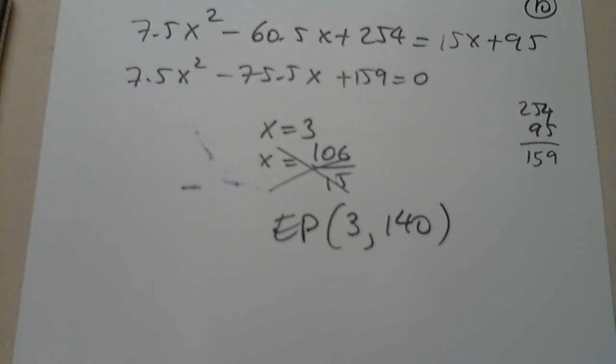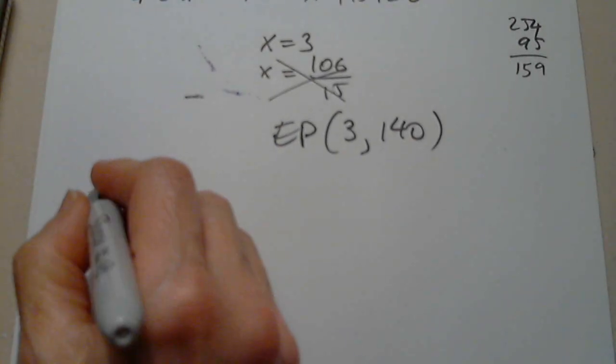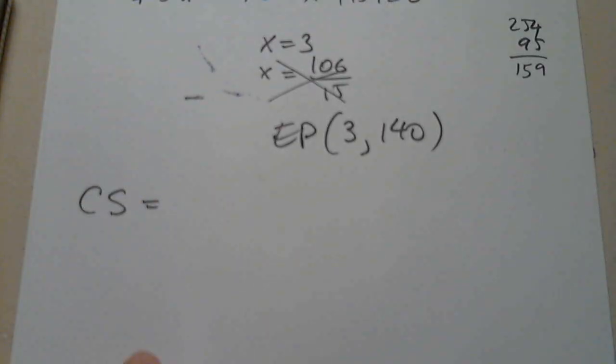So therefore, this is the equilibrium point. And now the consumer surplus at the equilibrium point and the producer surplus at the equilibrium point.